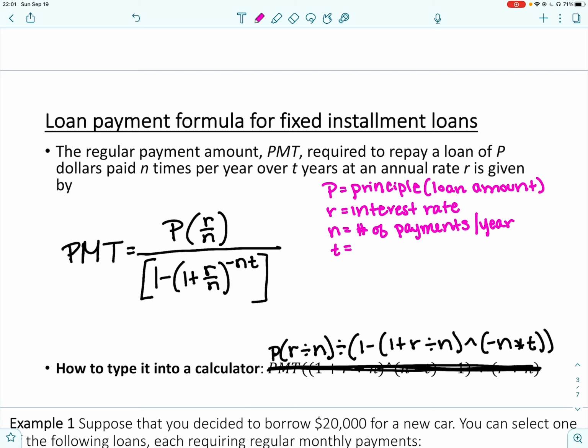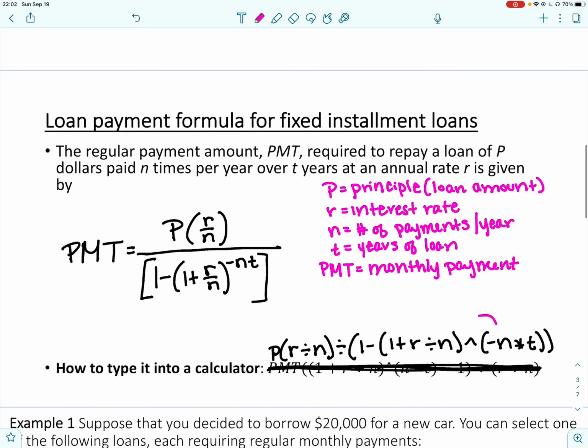T is the years of the loan. And those are all of our symbols. PMT is the monthly payment. So this formula gives us our monthly payment. How much do we need to pay every month for this loan?